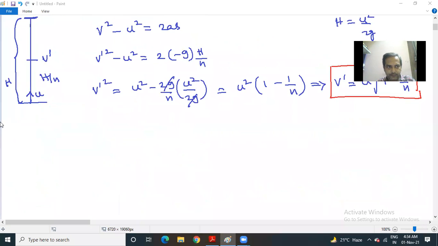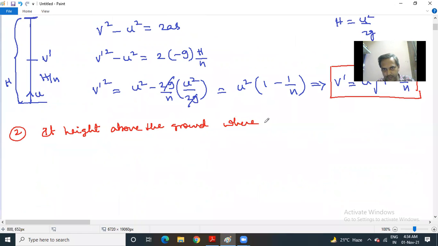Second bit: its height above the ground, where its velocity becomes the nth part of the initial velocity.